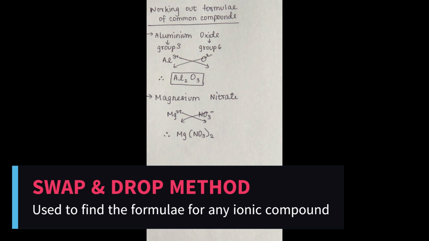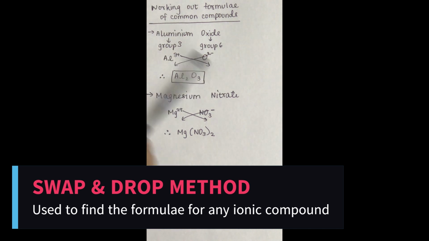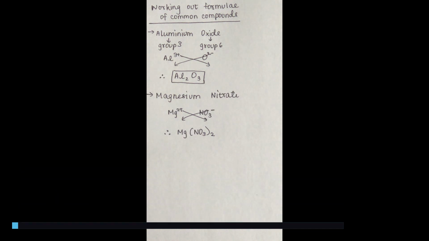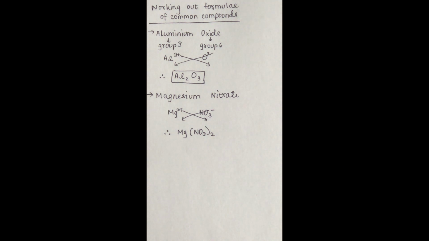That's why it becomes the O2- ion. Now if you cross multiply or swap the places of these ions, it becomes Al2O3, and we will not take into account the sign. So there won't be any minus, it's just plus. So Al2O3 is the formula of aluminium oxide.